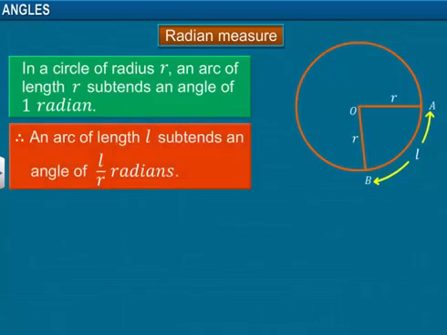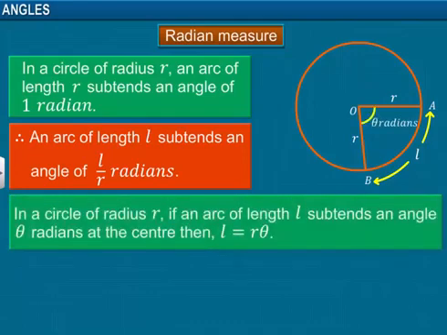And since equal arcs of a circle subtend equal angles at the center, an arc of length L subtends an angle of L divided by R radians. Hence, in a circle of radius R, if an arc of length L subtends an angle theta radian at the center, then L is equal to R theta.